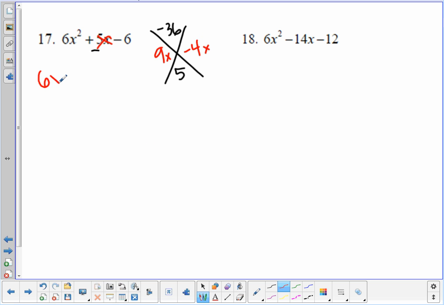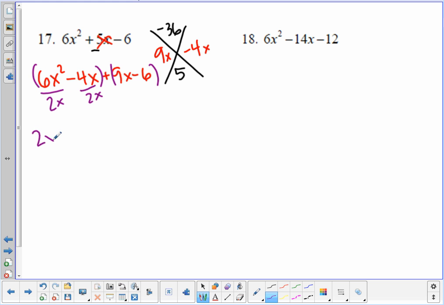So I have 6x squared. I'm going to put minus 4x second, plus 9x minus 6. I like doing that because then I know my terms go positive, negative, and they're already set up the way I want them to look to take out a factor. So from 6x squared minus 4x, I am going to take out a 2 and an x.